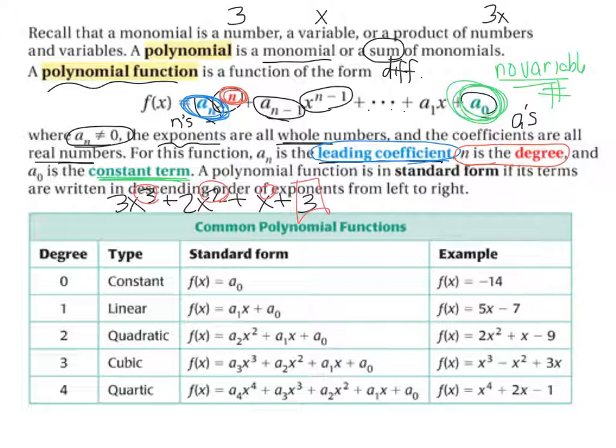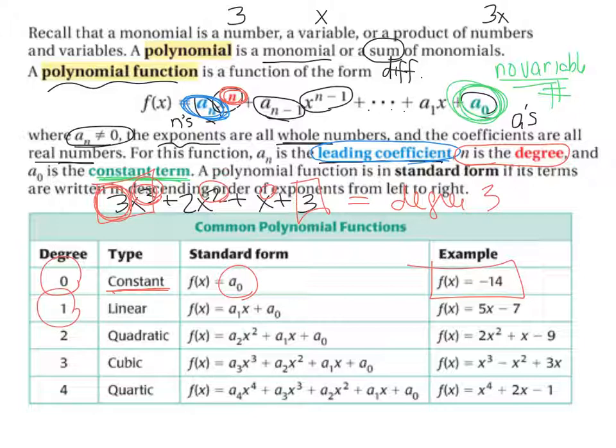This one right here is a degree of 3 because the highest exponent is 3, and it's my leading monomial with my leading coefficient being 3. All right, so degree 0 is just a constant. It's just an a_0. This would be my example. Notice there's no variables in it.